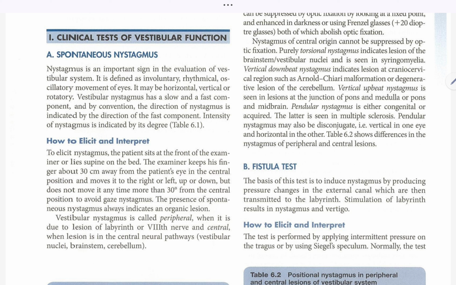Vestibular nystagmus is called peripheral when it is due to lesion of labyrinth or eighth cranial nerve, and central when the lesion is in the central neural pathways, vestibular nuclei, brainstem, cerebellum.